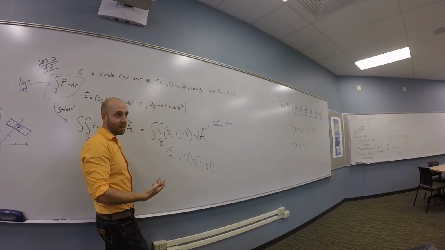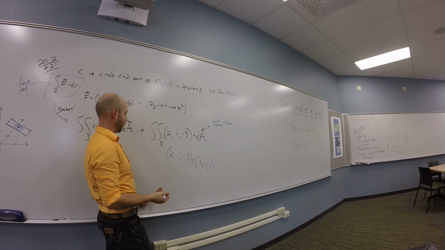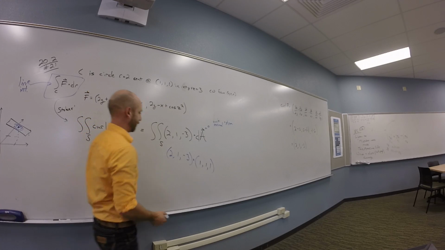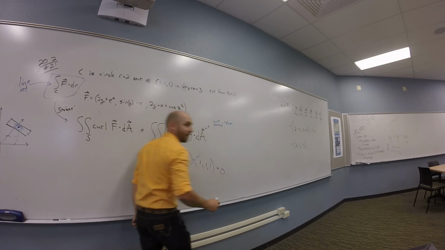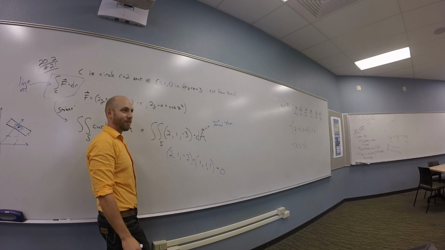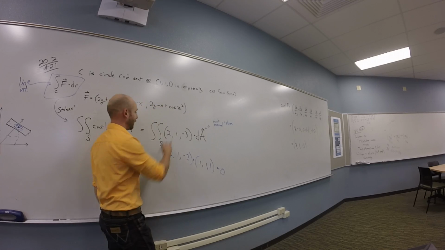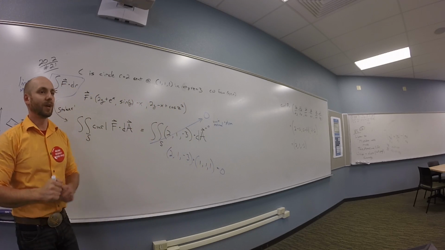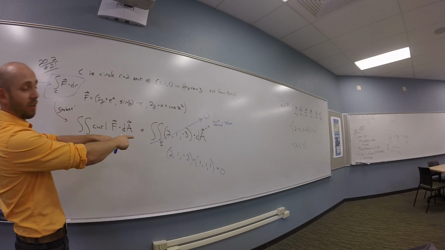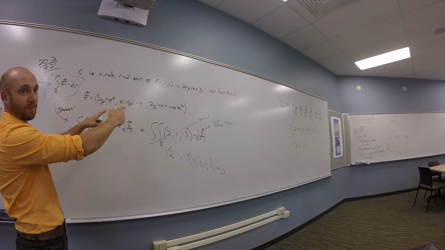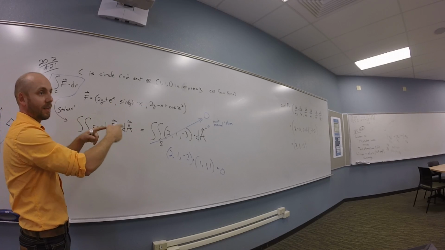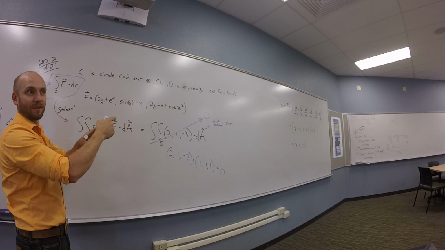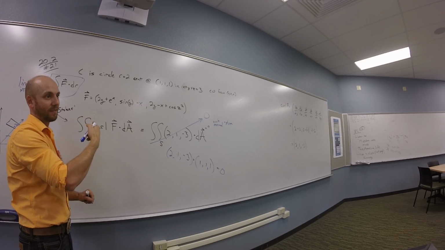Really I would have to scale that to a unit normal, right? But that's 0 anyway, so it doesn't matter what your conversion factor is. This guy here is 0. Because the curl of your vector field is always perpendicular to the normal vector on the surface.